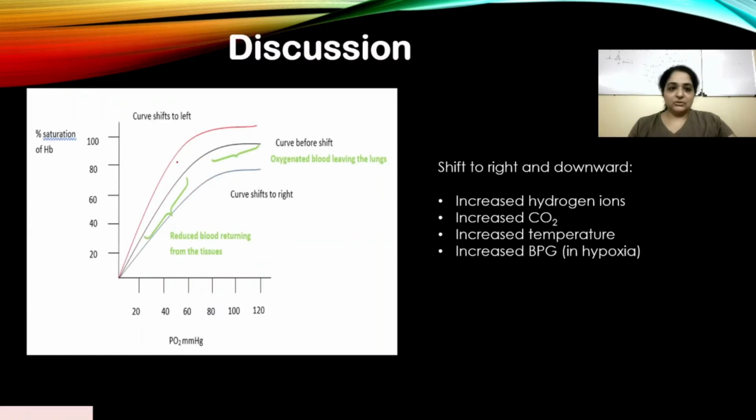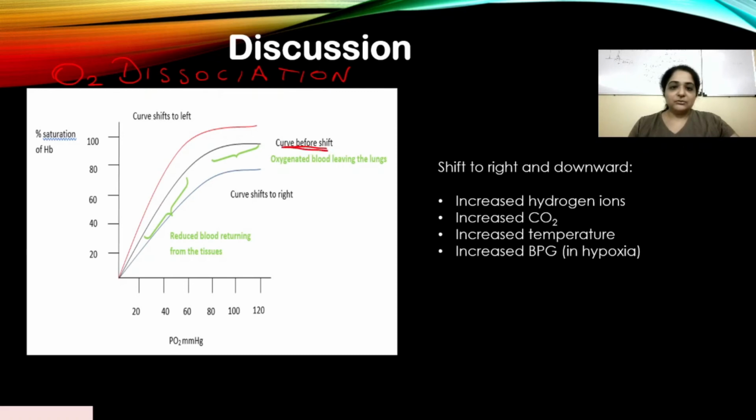Okay, so I'm sure if you studied your NCERT syllabus, you are familiar with this diagram here. This is the O2 dissociation curve. Now you see this line here, the curve before shift.